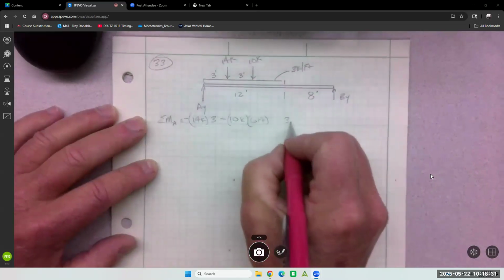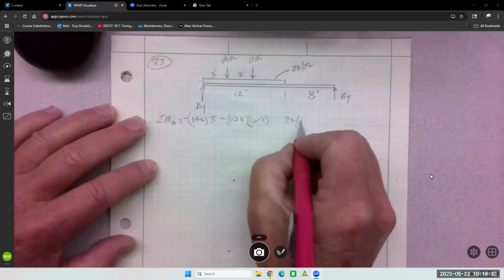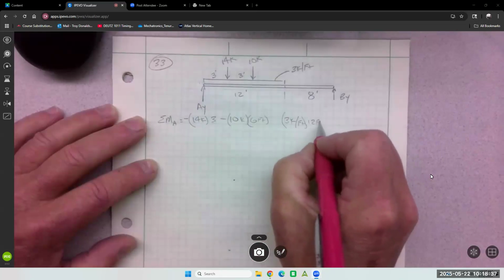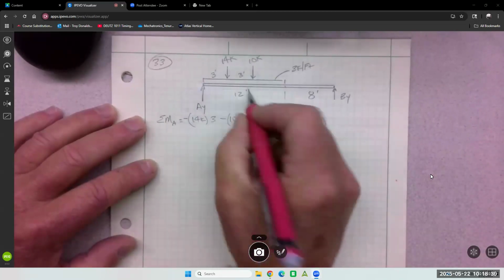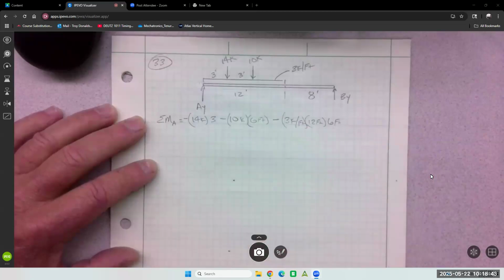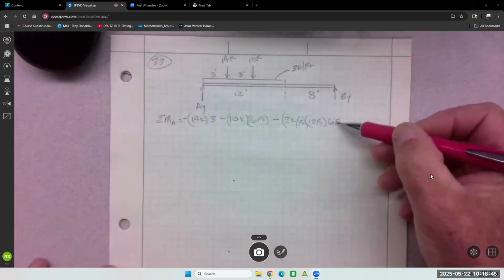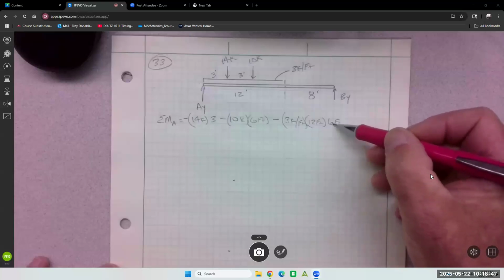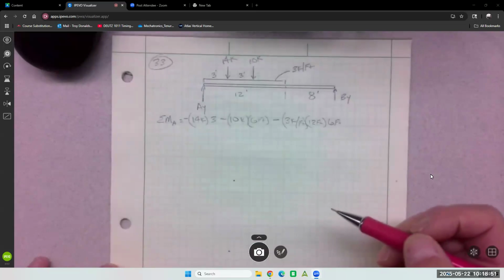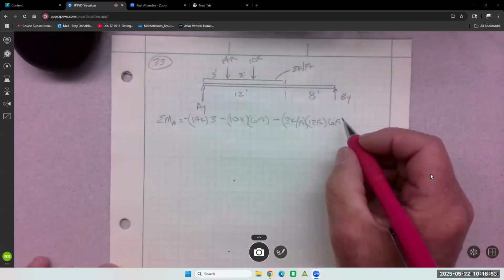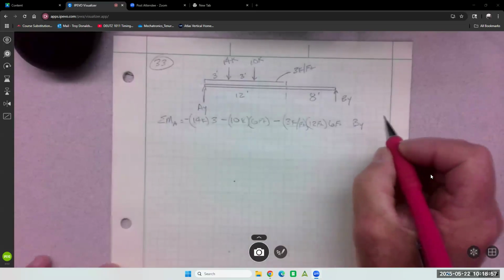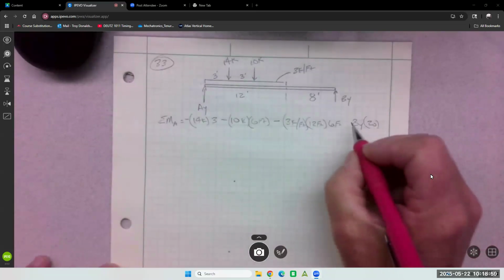Then I need the 3 kip per foot times its full length of 12 feet times its half length for the moment arm of 6 feet. So this is often missed or forgotten about. We got to concentrate this, and then we got to multiply it times its lever arm. That's all of them, and By times 20. That's positive.